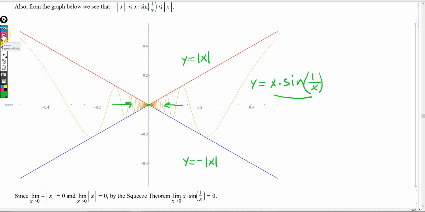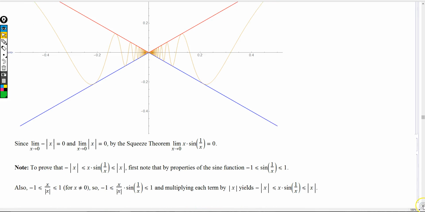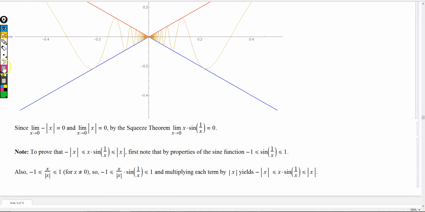Now, down here is a more detailed proof of that inequality. Let's just look through it quickly here. To prove this inequality that we reasoned earlier, just note first that the sine of 1 over x is always between -1 and 1, right?